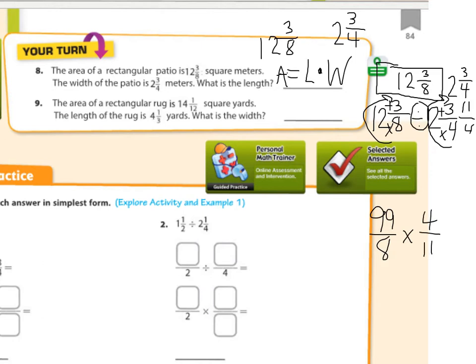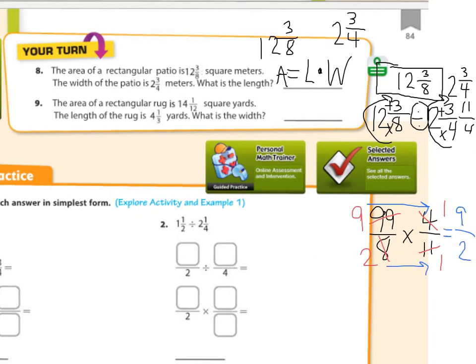This is a great one to simplify before we multiply. What's a number that goes into 11 and into 99? It's 11. 11 goes into 11 one time, and it goes into 99 9 times. We also have 4 and 8. Biggest common factor, 4. 4 goes into 4 once, 4 goes into 8 twice, and now we can multiply straight across. 9 times 1 is 9. 2 times 1 is 2.